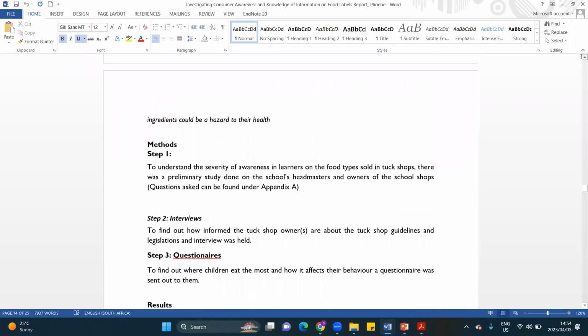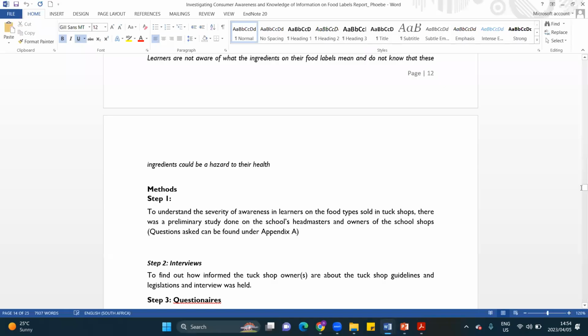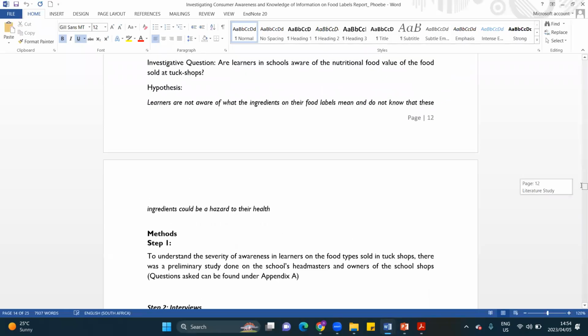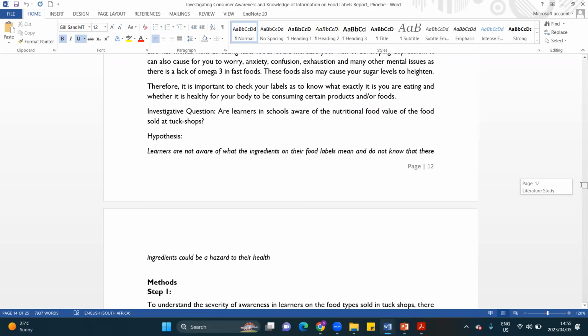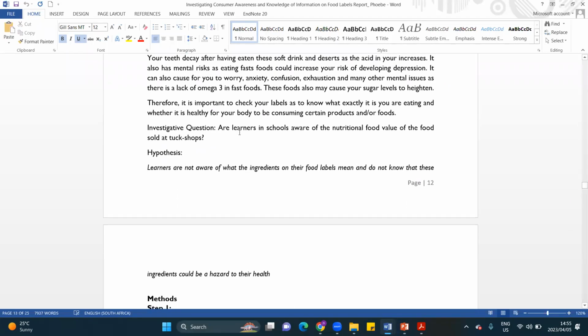Let's just see now here. Here we come to the method. Okay, there we've got the investigative question. There's a research question here, right, which the learner would be addressing in the project. Are learners in schools aware of the nutritional value, food value of the food sold at the tuck shop?